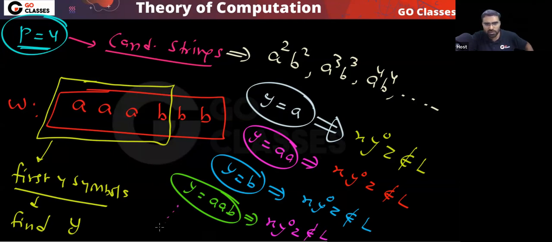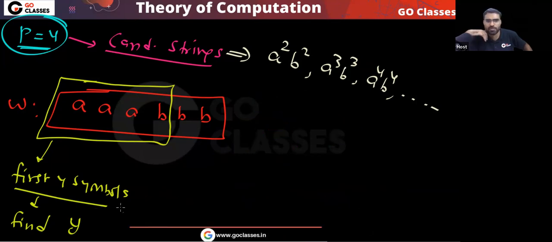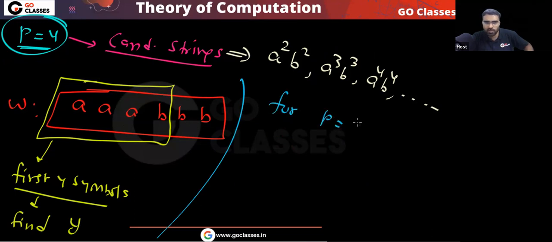So can you notice whatever y you take, they will not work. Is this point clear? So there is no such y. So can I say this string will not pump? This string is saying, I will not pump. Agree?